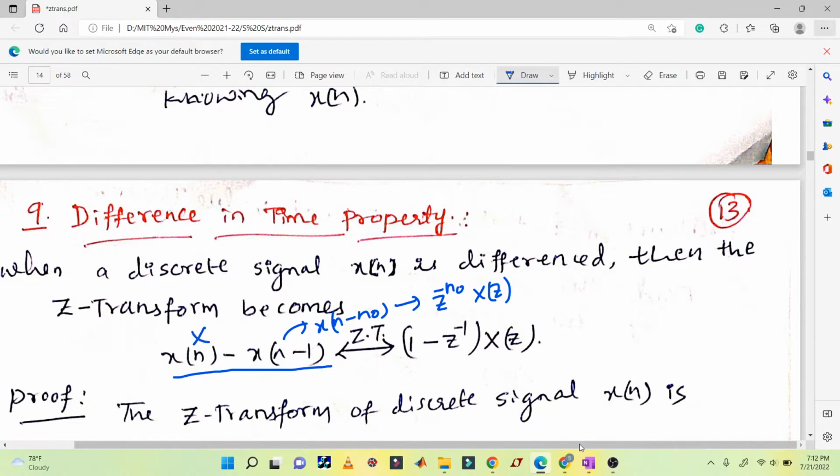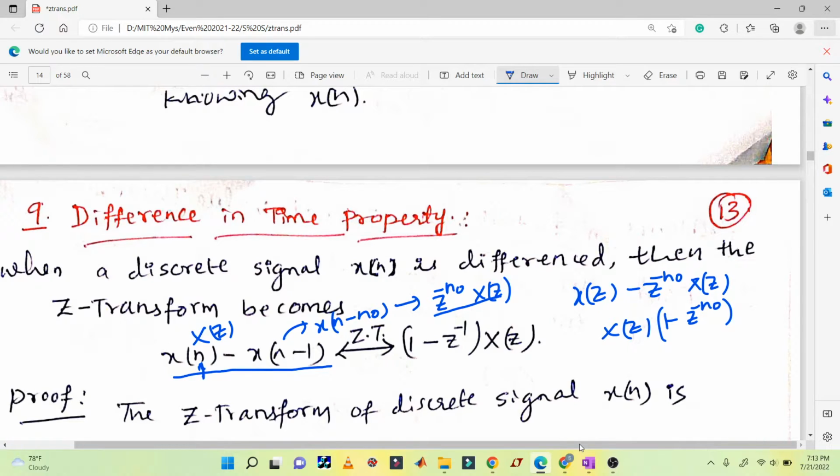So for that x of z, say this is x of z. The first term will yield us x of z. The second term will yield us minus z to the power minus n naught x of z. So if I take x of z as common, what am I left with? 1 minus z to the power minus n naught.